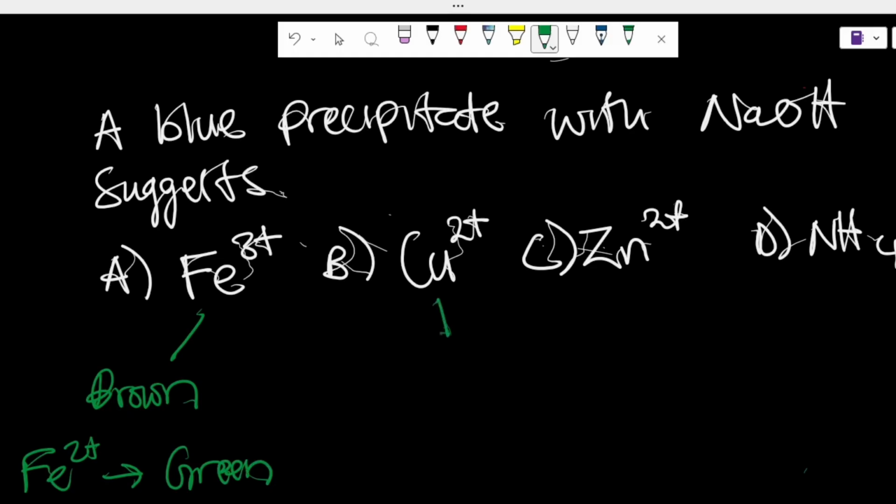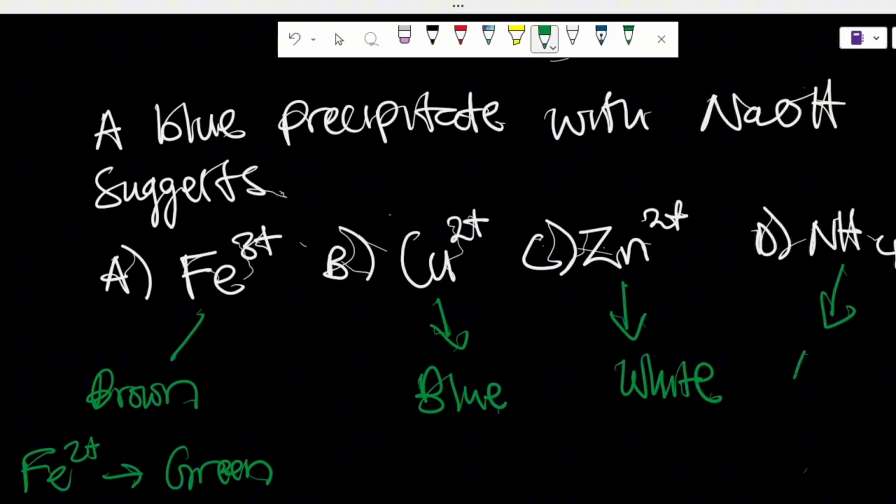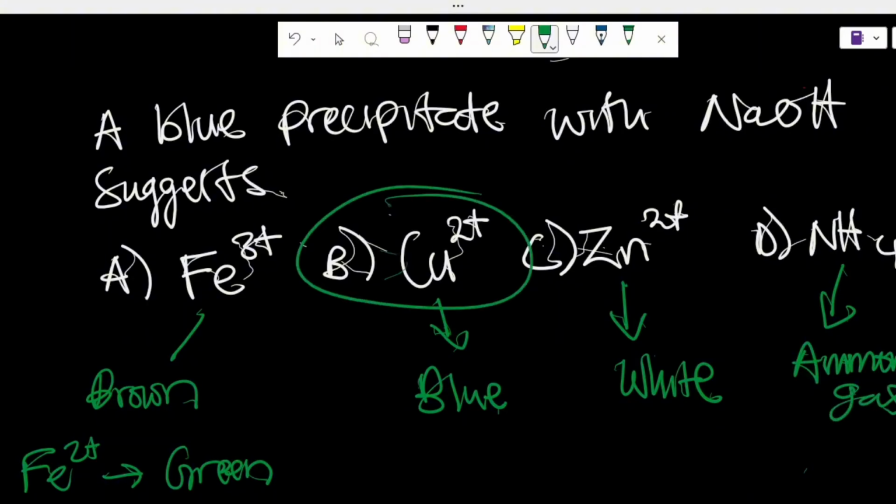Now, copper produces a blue precipitate. And zinc, if you remember, produces a white precipitate. And for ammonium, you have ammonia gas. So as you can see, B is the correct choice in this particular case.